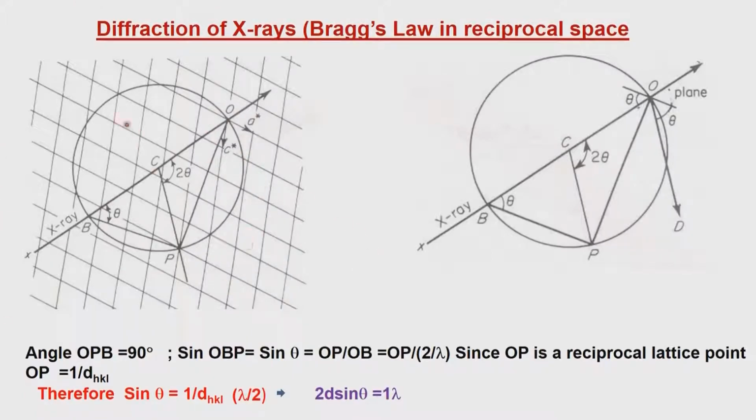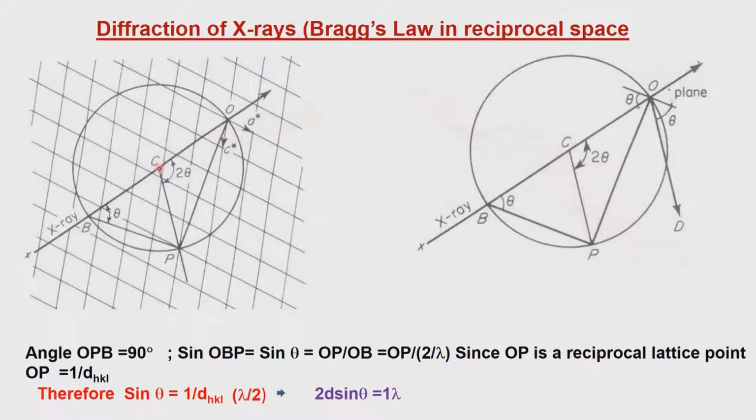So, this is how we can index the various spots. They occur in different positions in the background, and now we will see what happens when we send in an X-ray beam. There is an X-ray beam which is coming in the direction XO, and X-rays go through this direction, and I am going to put a crystal at C. Origin I have taken here, but I will discuss that a little later.